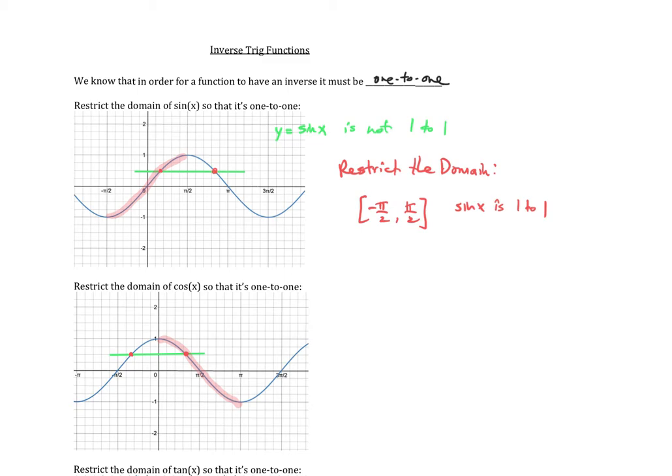In other words, I'm going to restrict the domain of my cosine graph. This time we're going to go from 0 to pi, and on this interval, cosine of x is 1-to-1.